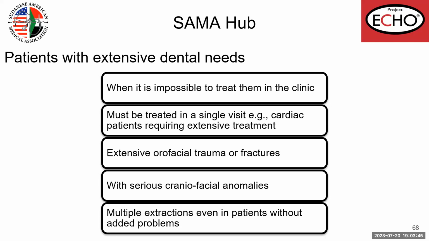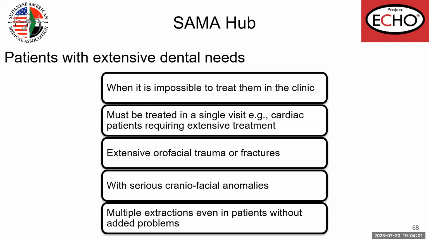Or sometimes in a hemophilic patient who needs factor replacement, it's also better to go for general anesthesia and do it in a single visit, rather than giving factor replacement at each visit.